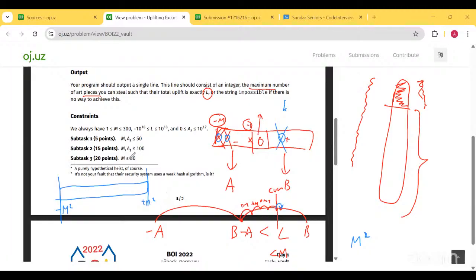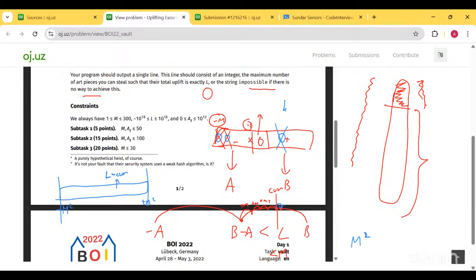And the answer is in L minus current value. Is it correct? L minus current value, because we need to add this value.